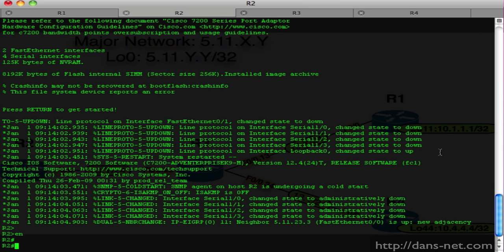Now, let's try to ping R1's loopback 11 and R4's loopback 44 from all of R2's interfaces.